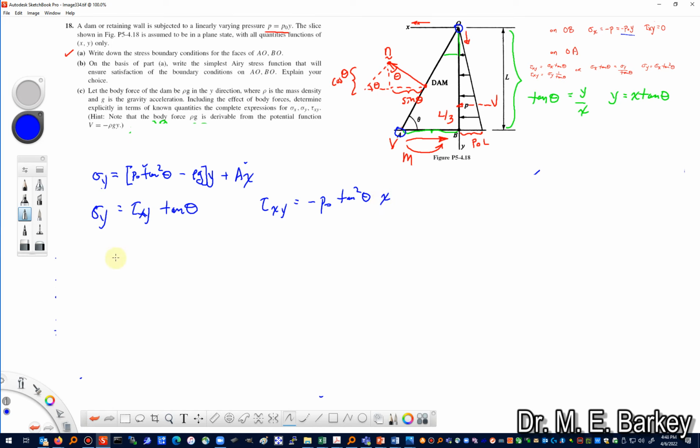So minus p naught tangent squared theta times x times tangent theta is equal to the stuff times y plus ax. Let's see.